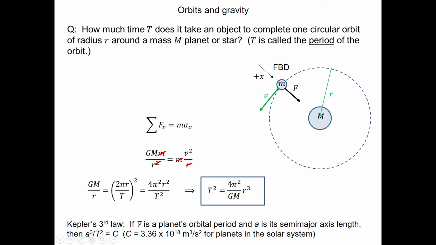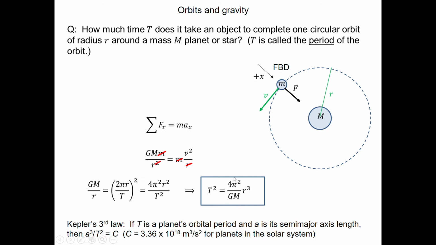Kepler's third law, which said something about the planet's orbital period, we called it T in that case, and its semi-major axis length a. And remember, in the special case where this object is in a circular orbit, the semi-major axis length a is just the radius r. Okay, so for a circular orbit, it says that r cubed over T squared is equal to a constant for everything that's in orbit around that particular object. And we're seeing exactly the same thing here.